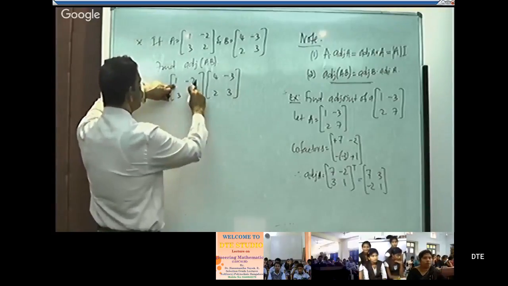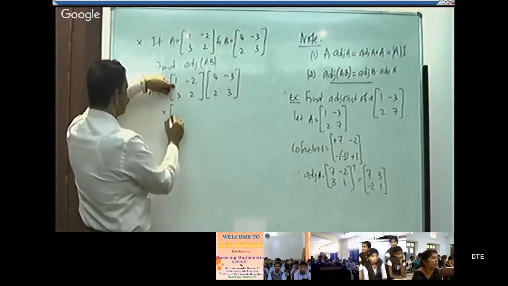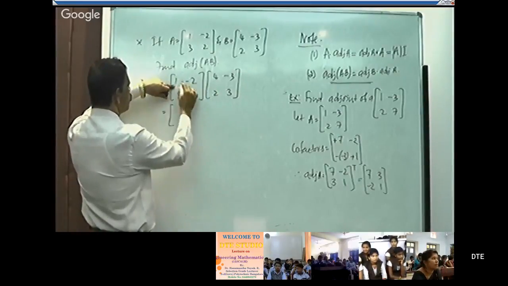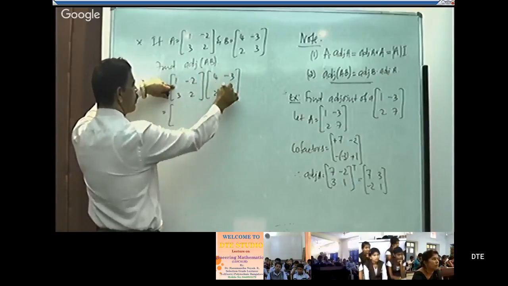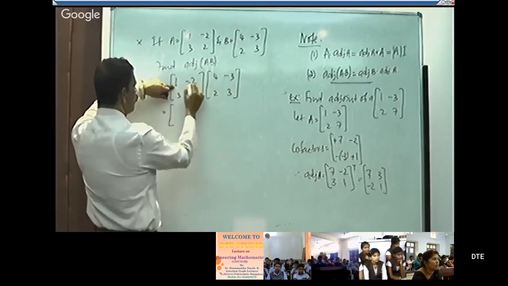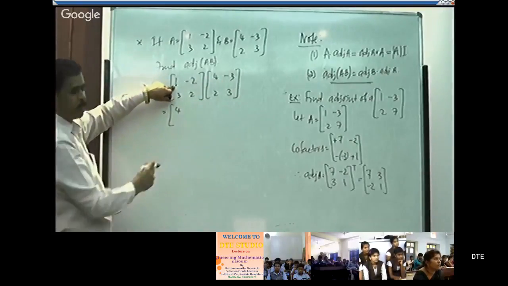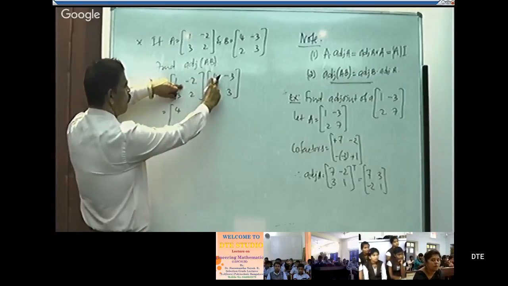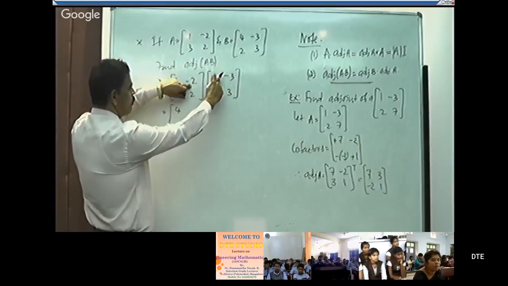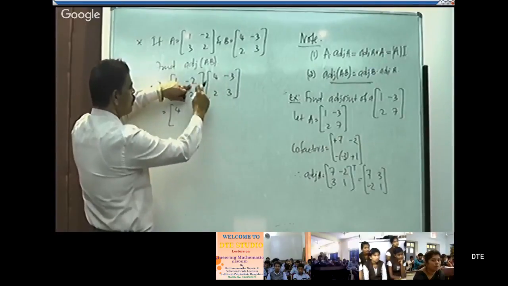First row is multiplied with first column. In the first row, how many elements are there? 2 elements. In the first column, 2 elements. In the second column, 2 elements, right? Multiply 1 into 4, it is 4. First row into first column, you take the product of first elements. Move forward in the first matrix, move down in the second matrix, because we are doing row into column.